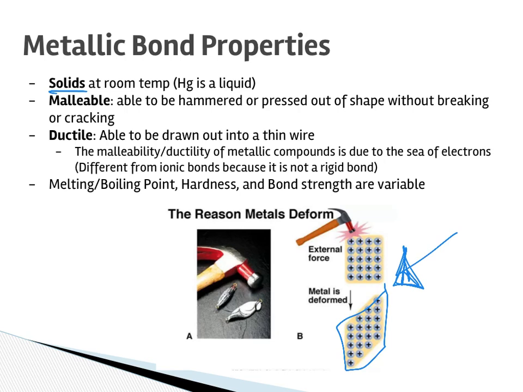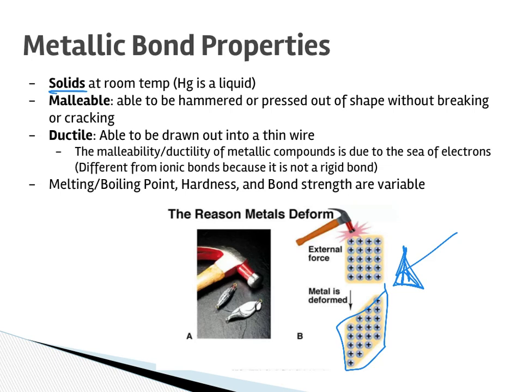So at this point, what you should be recognizing is how important the structure is to the properties. And I want you to remember that just because we have individual atoms, and we know that the individual atoms have their own specific properties, that doesn't necessarily mean that they'll have the same properties when they are in a bond.